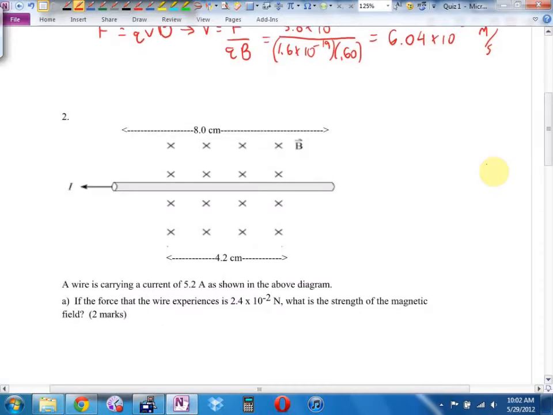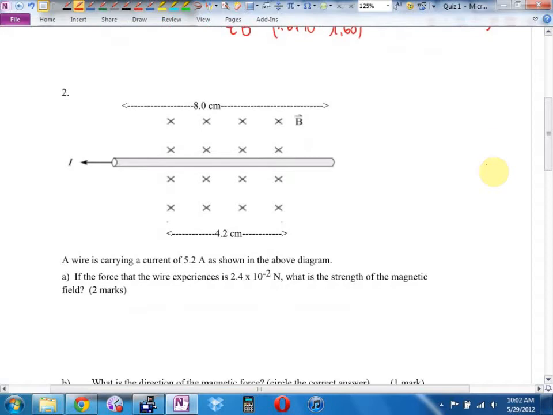Question 2. A wire is carrying a current of 5.2 amps as shown in the diagram. If the force that the wire experiences is given, what is the strength of the magnetic field? I'm going to use the force on a wire. They want me to find the strength of the magnetic field.